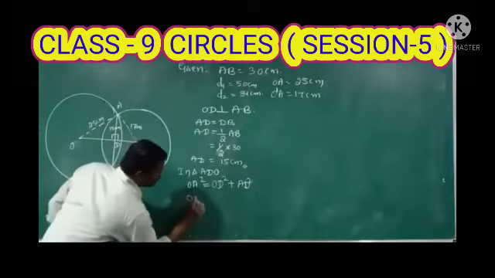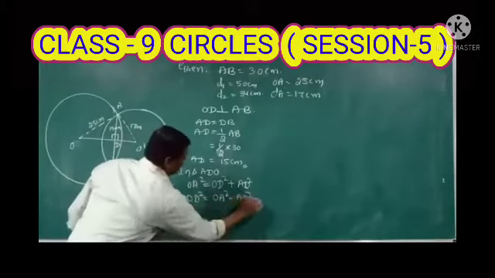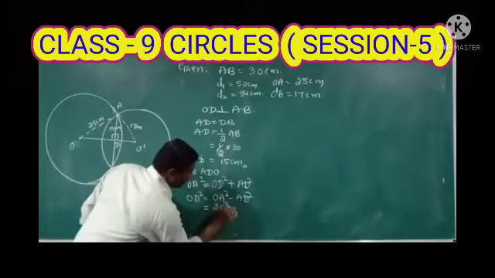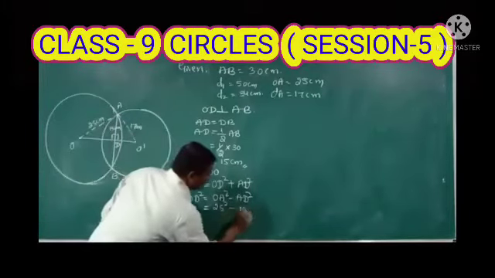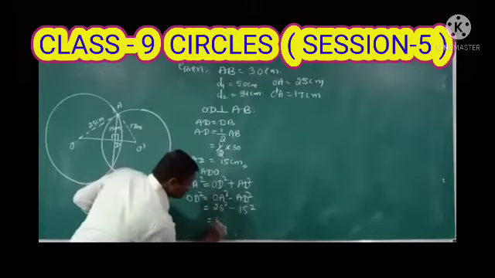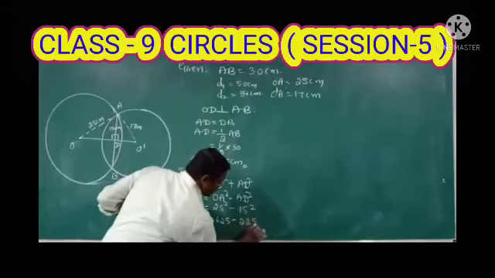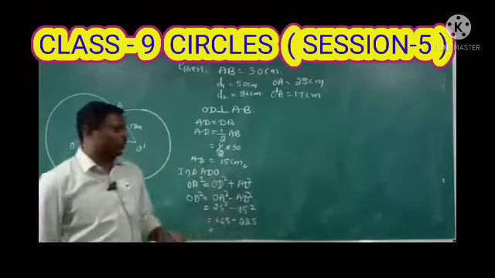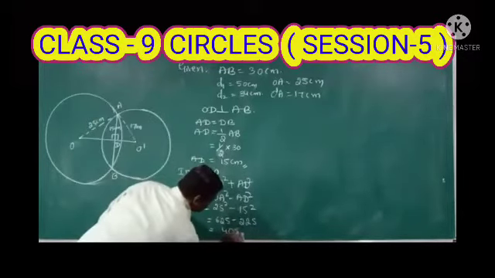So OD square is equal to OA square minus AD square, and the length of OA is 25 square minus AD square, 15 square. 25 square is 625 minus 15 square is 225. When we are subtracting 225 from 625, 625 minus 225 is equal to 400.